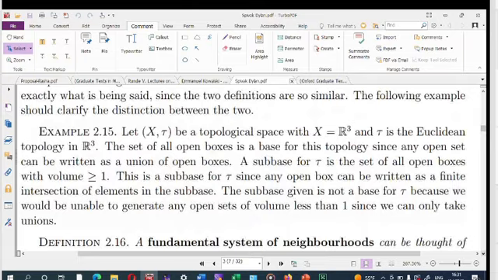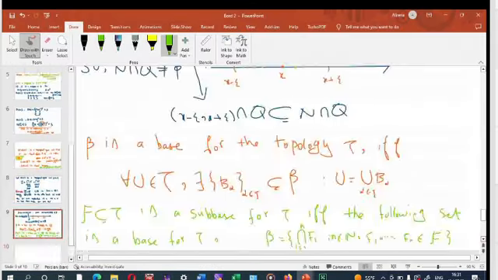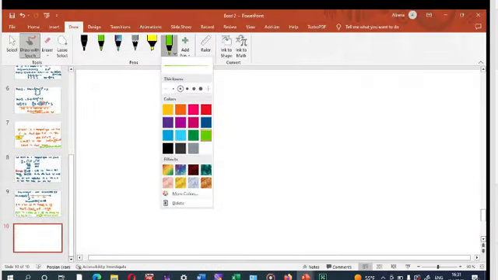Example, let X and tau be a topological space where X equals R to the power of 3 and tau is the Euclidean topology in this space. The set of all open boxes is a base. Open box, this is an open box. For example, let me write the example.